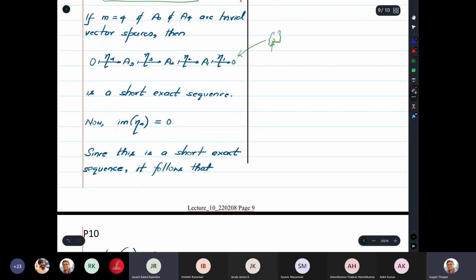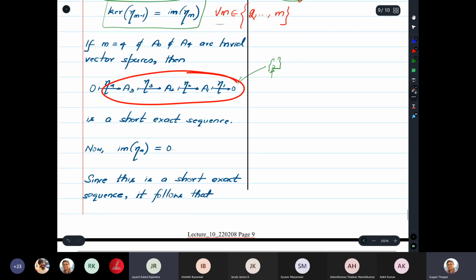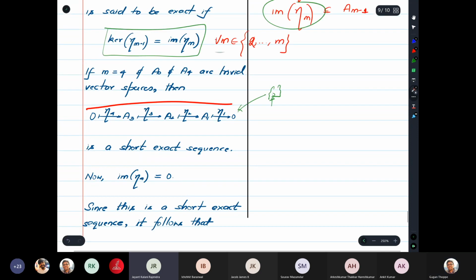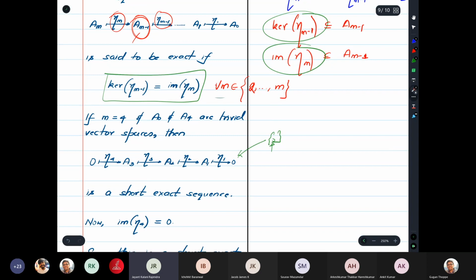Is this okay? Now let's try to figure out the significance of this short exact sequence. Maybe I'll pause here for a second or two. If you have any questions with regards to this definition, please let me know. Yes, Jacob, go ahead. Why is it called short?